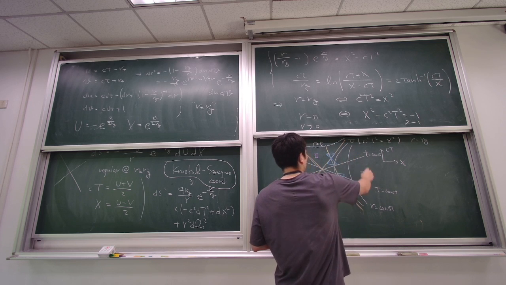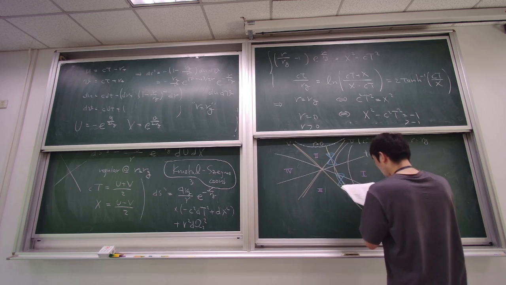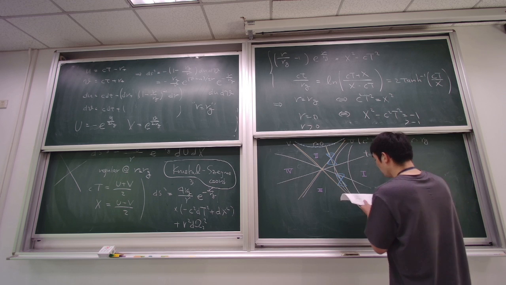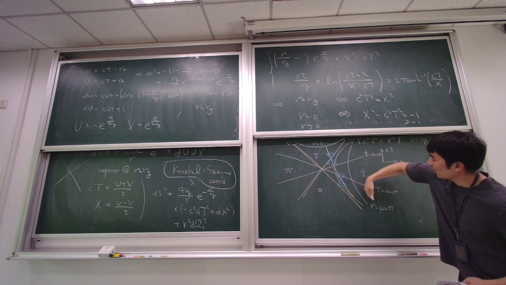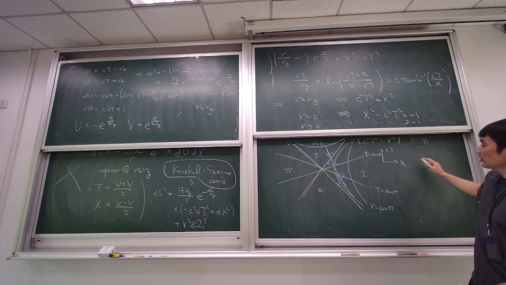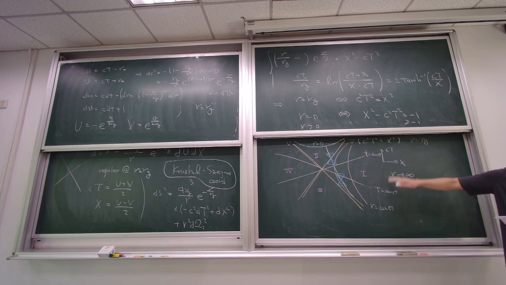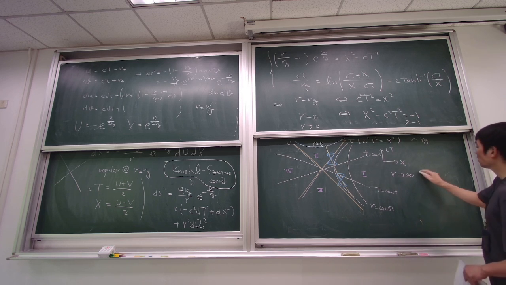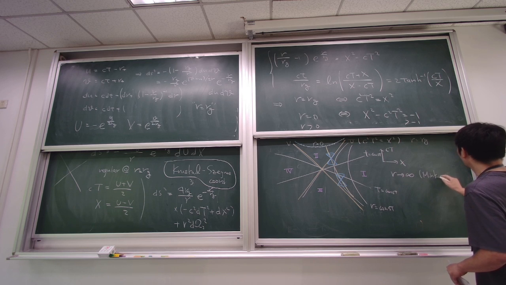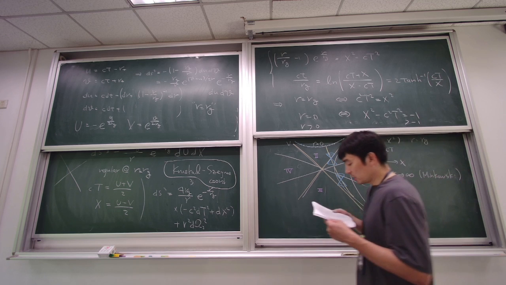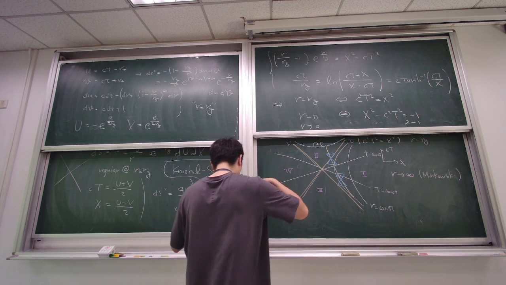Here, R goes to infinity, because R constant is like this way, and if you go to here, R goes to infinity. This is Minkowski, spatial infinity. However, you can consider the analytical continuation.